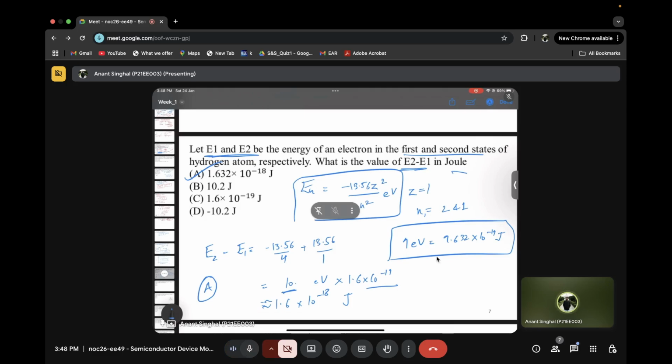Sorry, I was on mute. As I was saying, we need to find E2 minus E1, and I've done nothing but put it in the formula. So we are getting around 10 electron volts, and 10 electron volts is nothing but 1.6 times 10 to the power minus 18 joules. Is there any doubt in this?